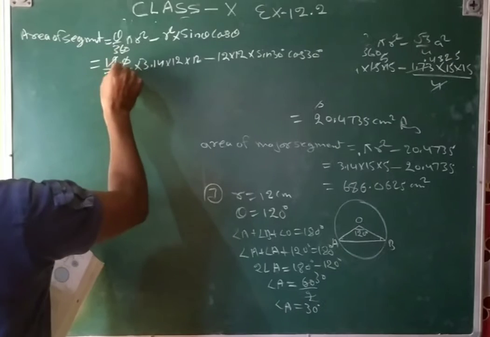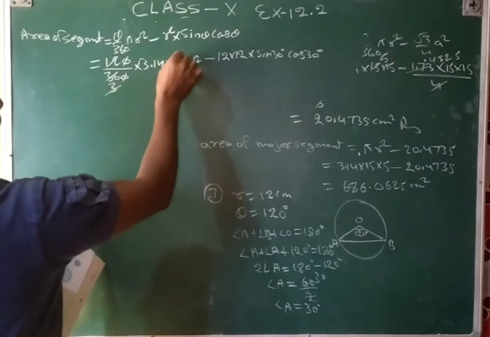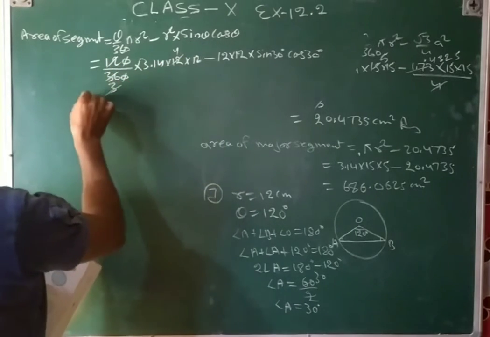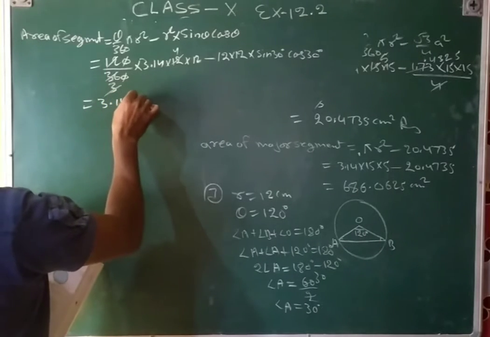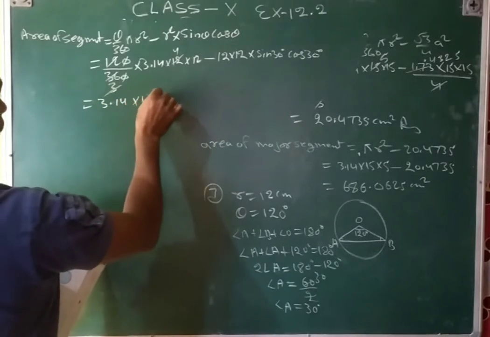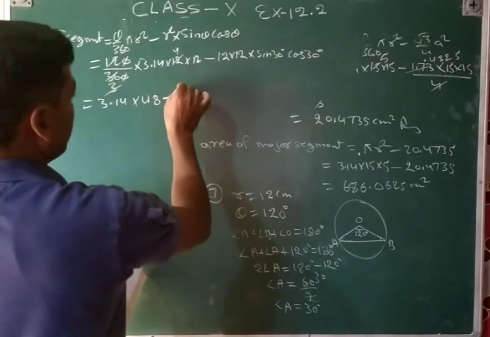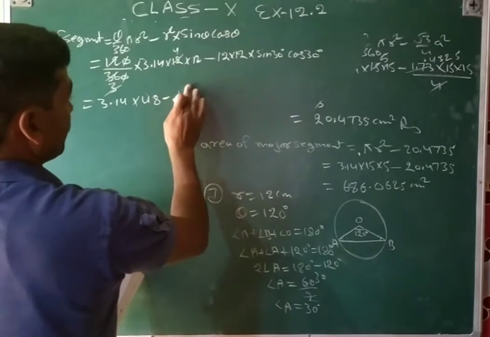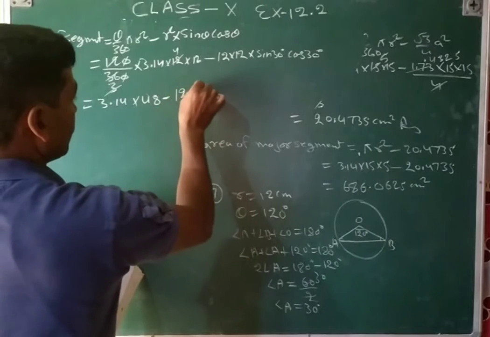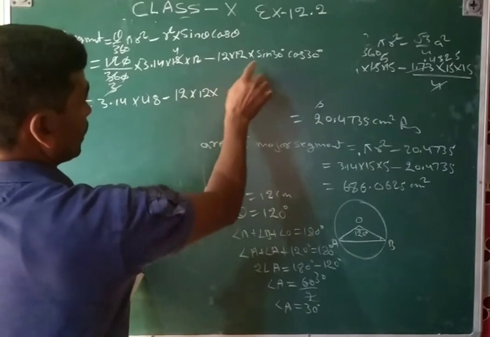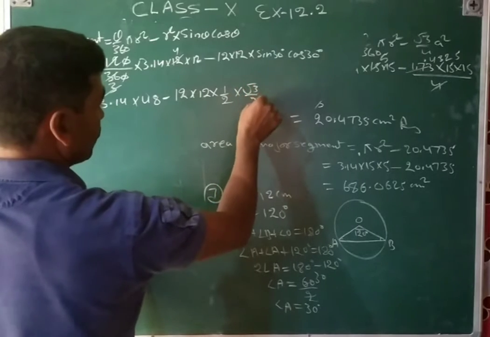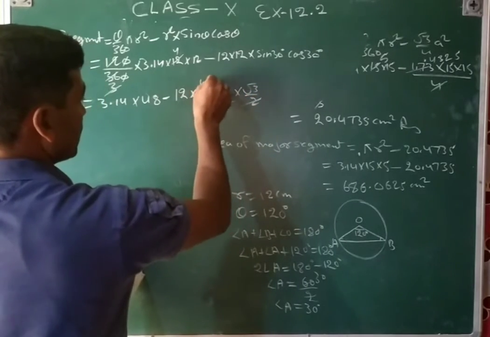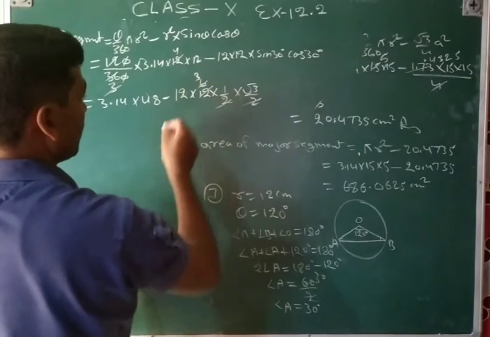So this will cancel, 12 3s are 36... So 3.14 into 48 minus 144. No need to multiply that. 12 into sin 30 value is 1 upon 2, cos 30 value is under root 3 upon 2. So that cancels.